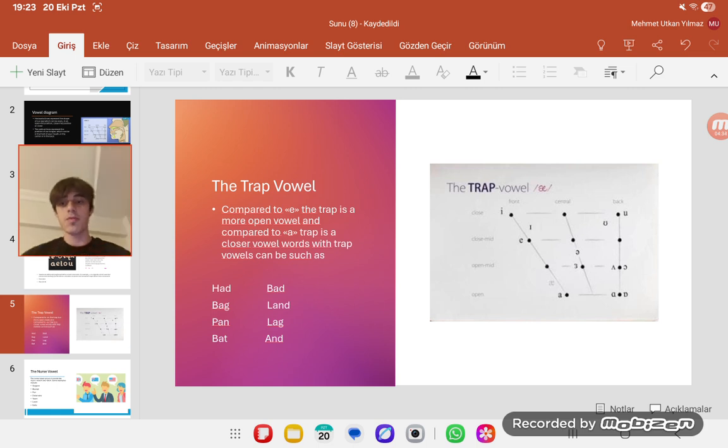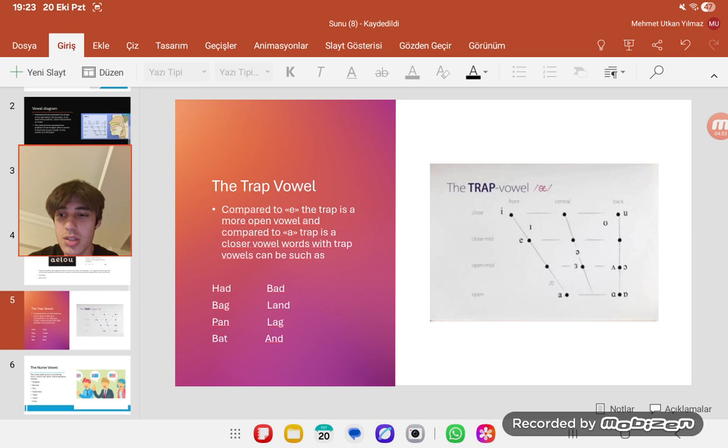The trap vowel is neither E nor A, it's something in between, and as Turkish speakers we might have a lot of problems trying to make that sound because it doesn't really exist in our own language, and it's actually quite hard to pronounce.